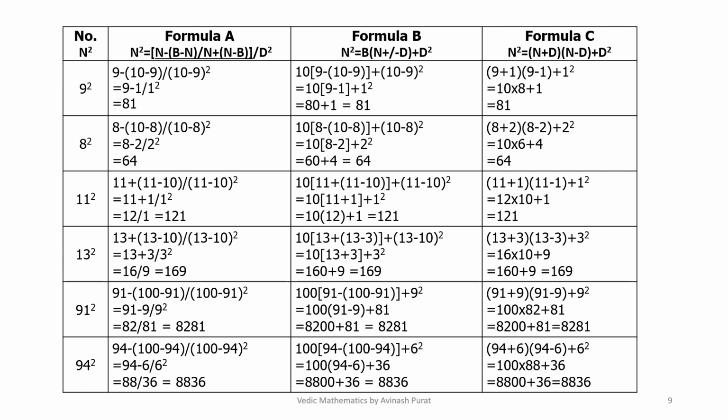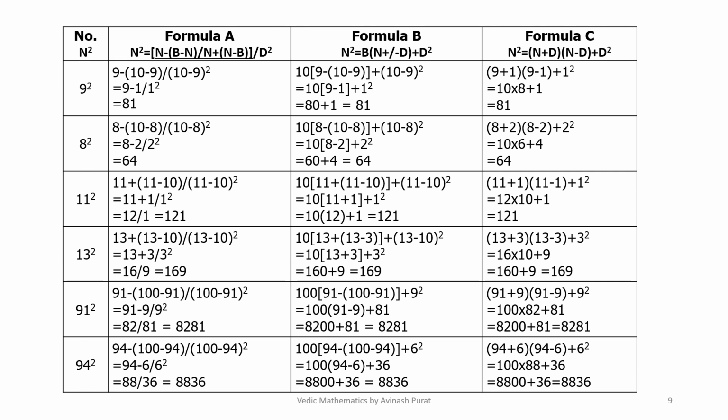Second example, 8 squared. 8 minus (10 minus 8) stroke (10 minus 8) squared equals 8 minus 2 stroke 2 squared equals 64.